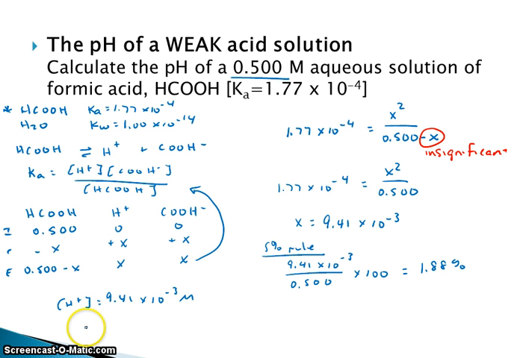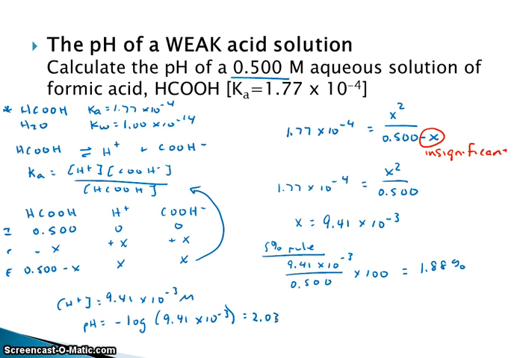So to calculate the pH, we're going to take the negative log of 9.41 times 10 to the minus 3, and that's going to give us a pH of 2.03. So our solution is an acidic solution, which makes sense because formic acid is an acid.